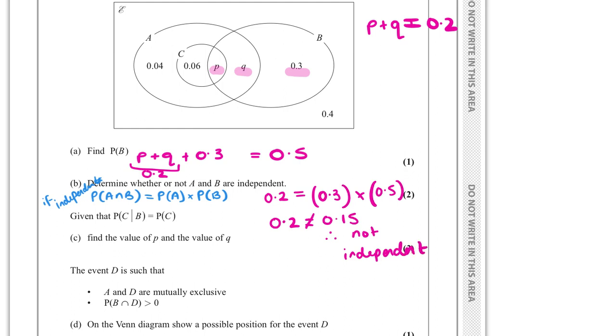Okay, now obviously you'd write this really lovely on the lines and everything. Now, it says, given that the probability of C given B equals the probability of C, find the value of P and the value of Q. Okay. So what does the probability of C given B mean? We know this is a formula.